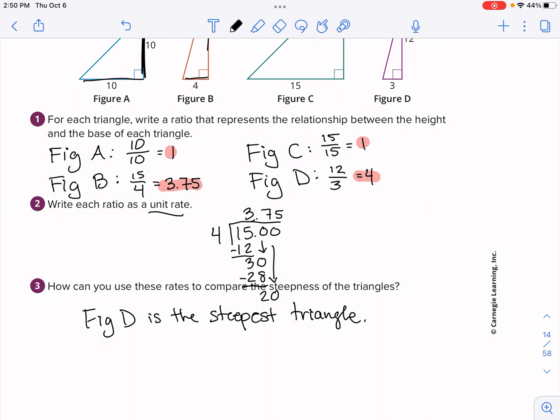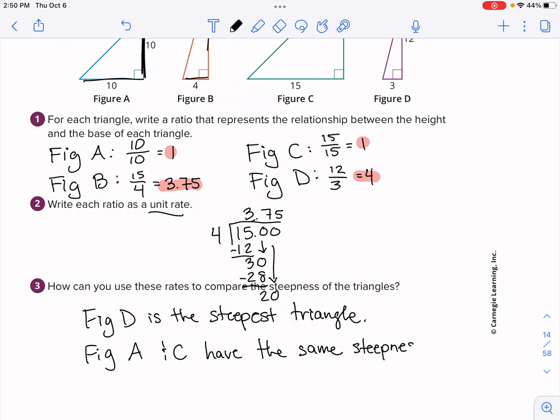Okay, what else can we do? We can put them in order from least to greatest, but I'll just compare figure A and figure C. Right, when we simplify, they're both 1, so figure A and C have the same steepness.